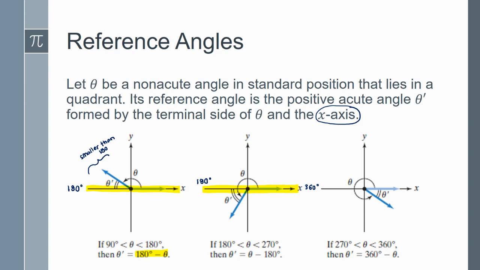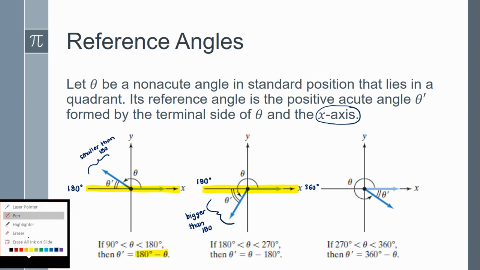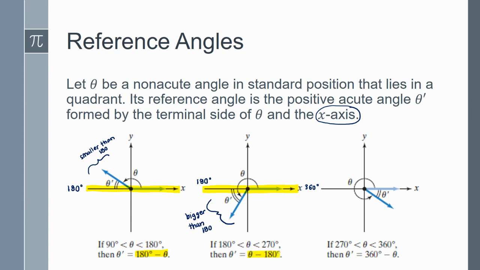So that's why I want to focus on the 180 measure, but this time the angle is in the third quadrant, which makes it bigger than 180. So that's why I have to take my angle and subtract 180 from it. So that's the difference between the second and the third quadrant. Which angle is dealing with 180? Is it bigger or is it smaller? And that's how I know how I'm going to have to subtract to get a positive acute angle.